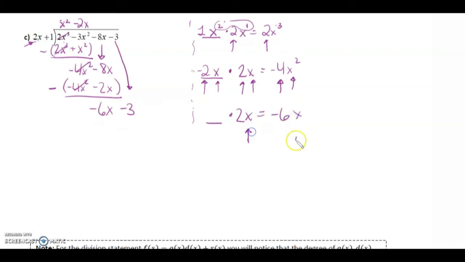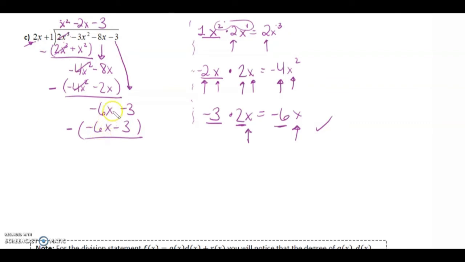Well, the x's are already good to go. We have x and x. And then we just have to take a look at the coefficient. So we have a 2 and a negative 6. So what times 2 will give us negative 6? Well, I get negative 3. So negative 3 times 2x is going to give us negative 6x, and negative 3 times 1 is going to give us negative 3.